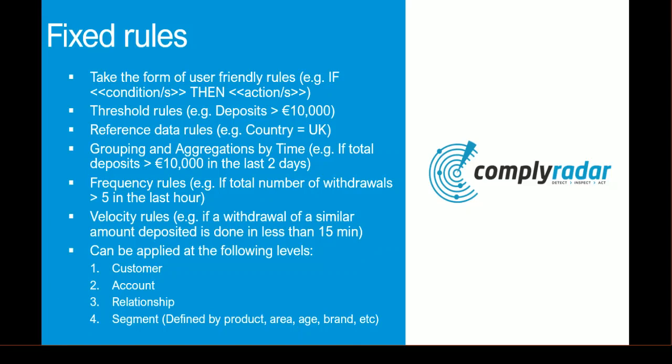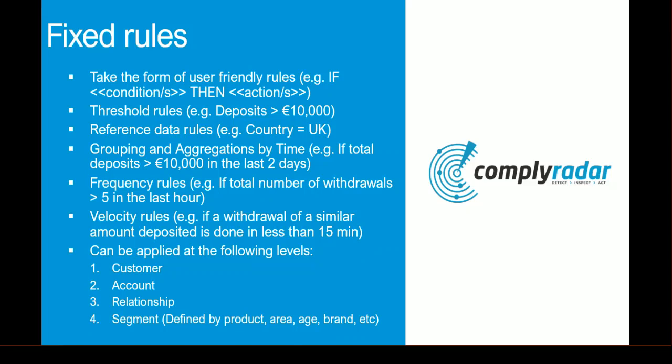Or, for example, combinations: if there is a deposit coming in from a particular country, and in addition that person is a PEP, that is a suspicious transaction. You can group as well, for example, if the total amount of transactions over the last few days was greater than a certain amount.